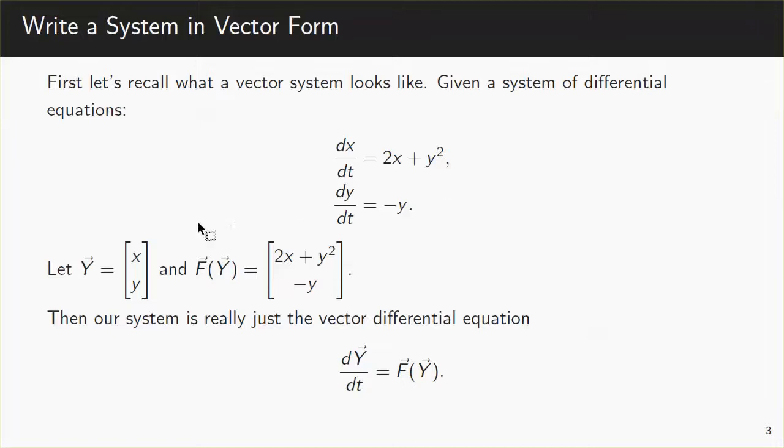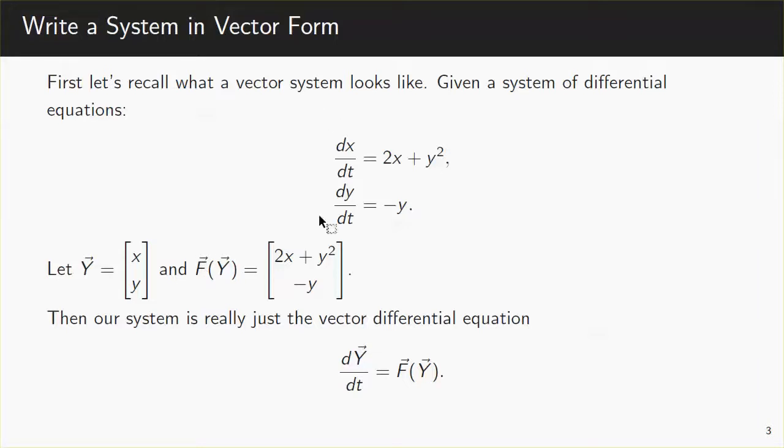You can recast it as a vector problem. If you treat x and y as maybe the position and velocity or whatever, you can treat them as a vector, call it vector y. And then the right-hand side, you can think of that as a vector field. It's a vector that depends on x and y. So for every x and y, we get a vector. So this is a vector field, and we could call that the vector field f.